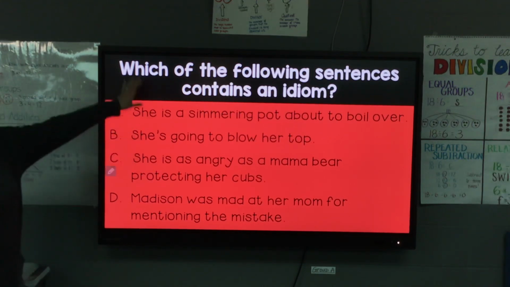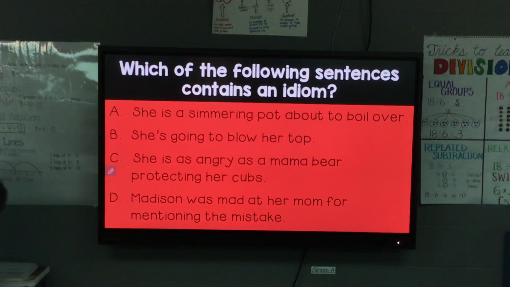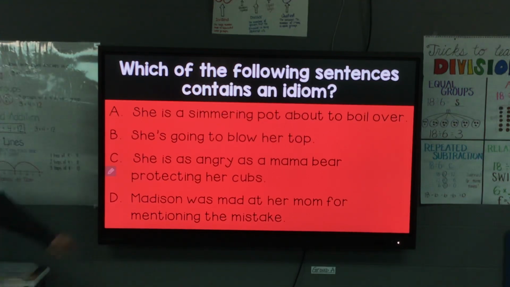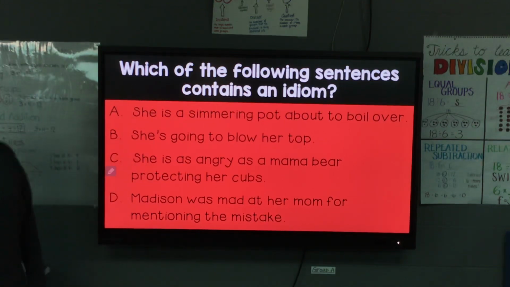Okay, now we're looking for the one that contains an idiom. She is a simmering pot about to boil over. She's going to blow her top. She is as angry as a mama bear protecting her cubs.